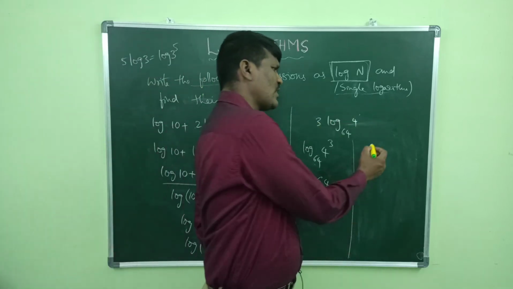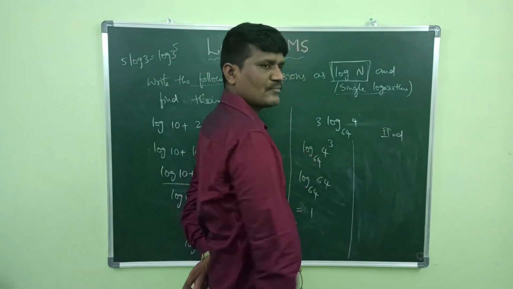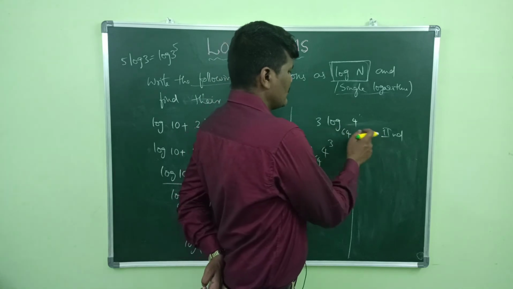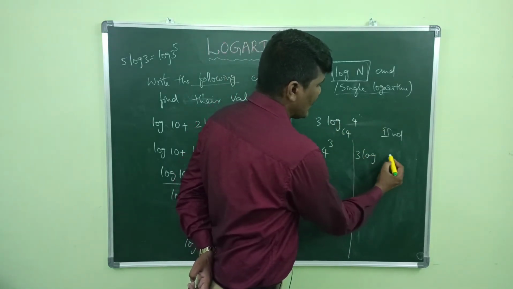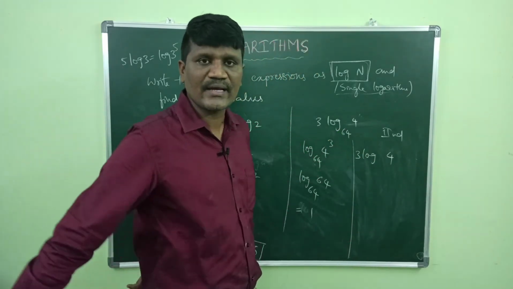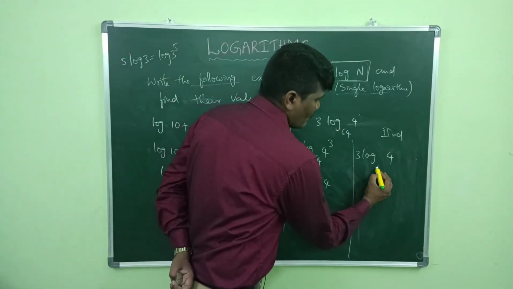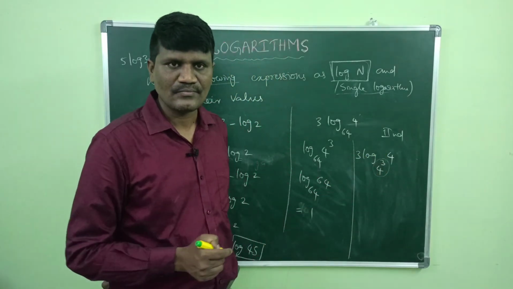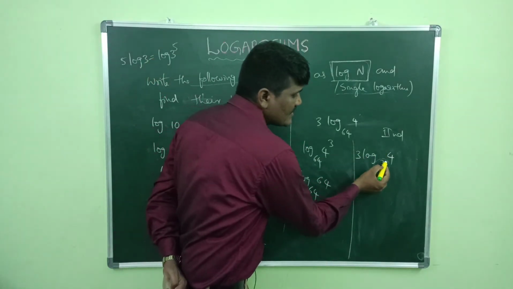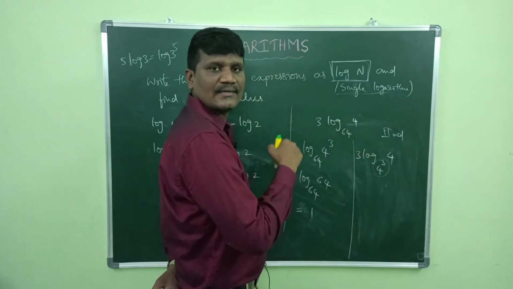The second method is this: see, 64 I can make 4 cube, right? In place of 64 I can write 4 cube. If there is a power in the base, I can write it in the denominator.